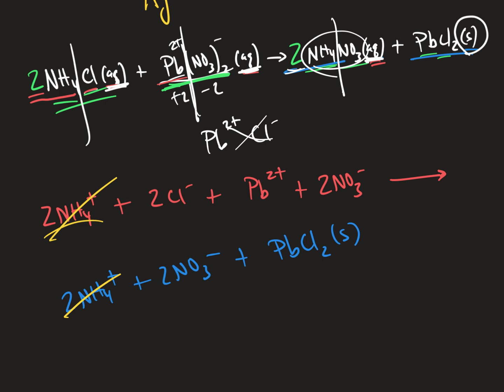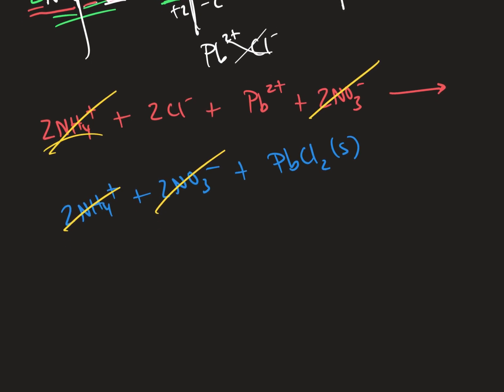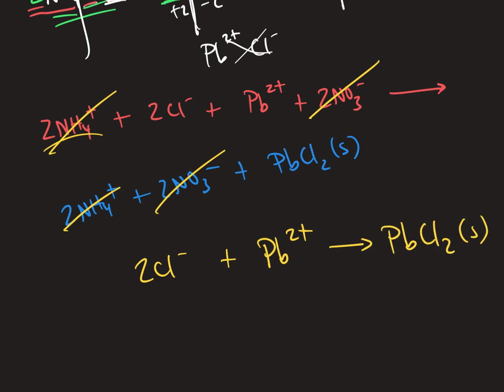We have 2 nitrates on both sides, so they go away. Good? And we just write down what's left. Everything on the left is 2Cl minus plus Pb2 plus, and what's on the right is PbCl2 as a solid. Is it still balanced? And it still should be.